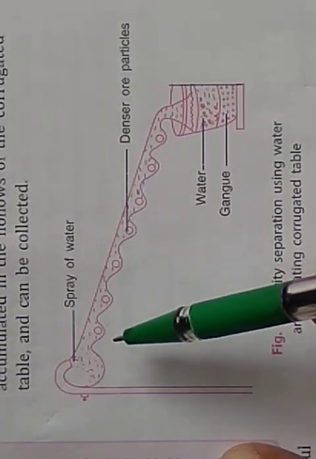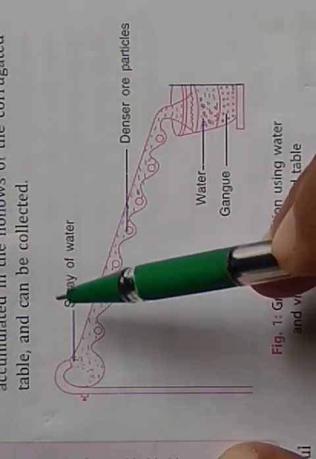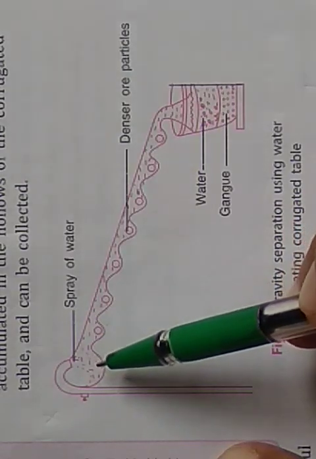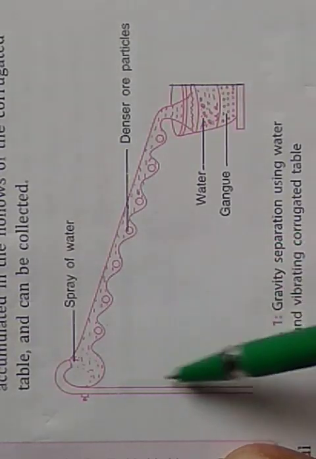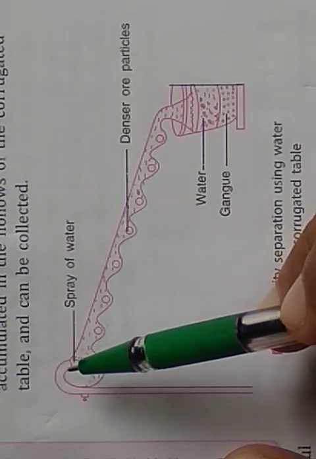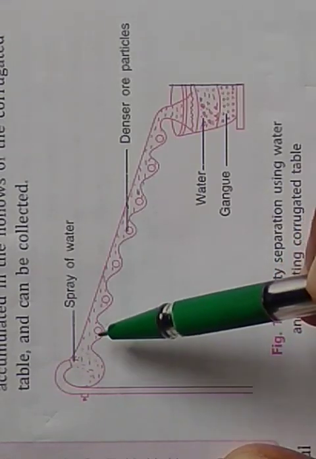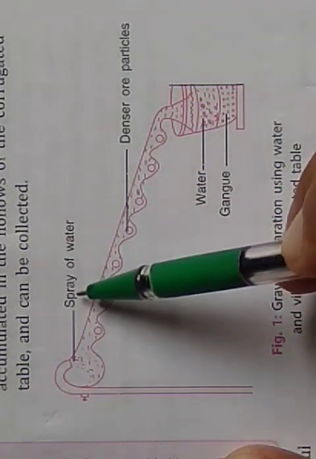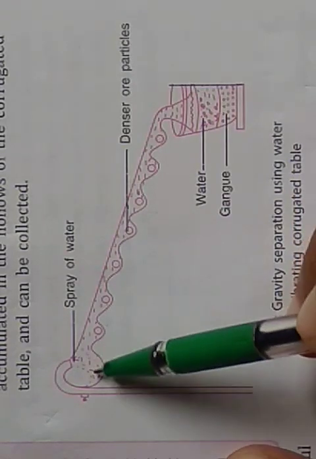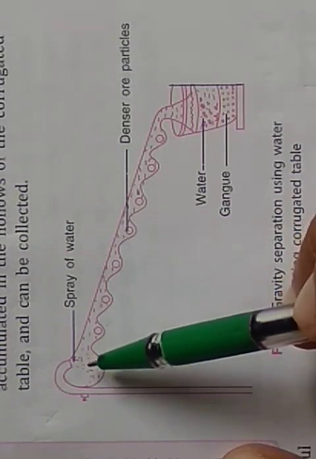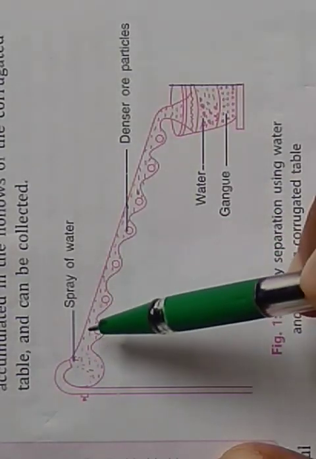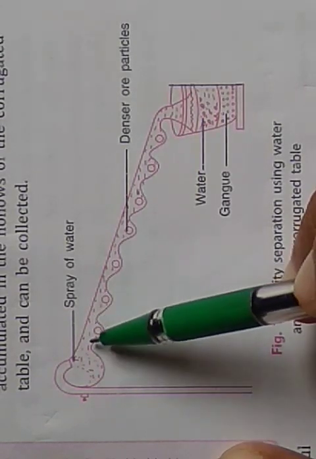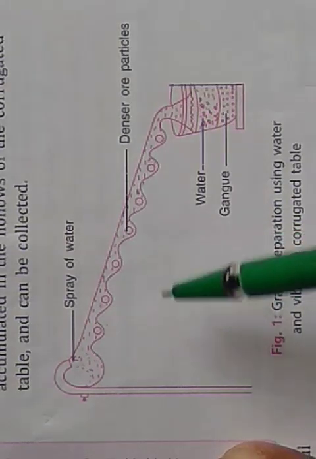So first we place the crushed ore on a corrugated vibrating table, and then a current of water washes the ore down the vibrating table. A spray of water is sprayed on the ores and washes them downward.